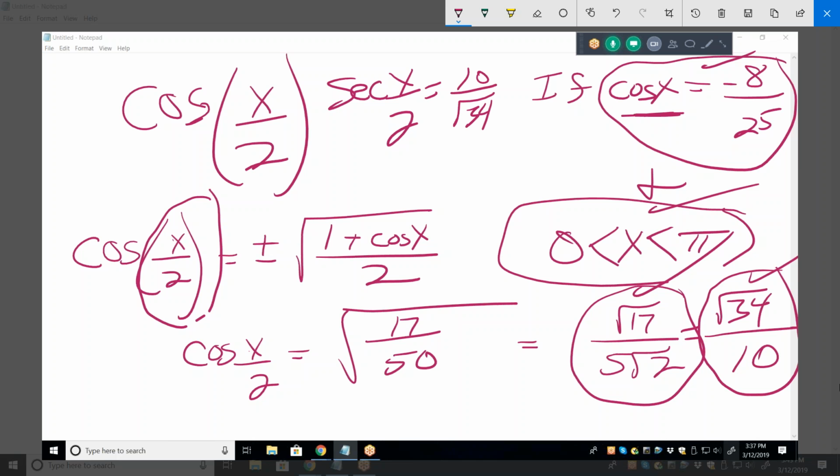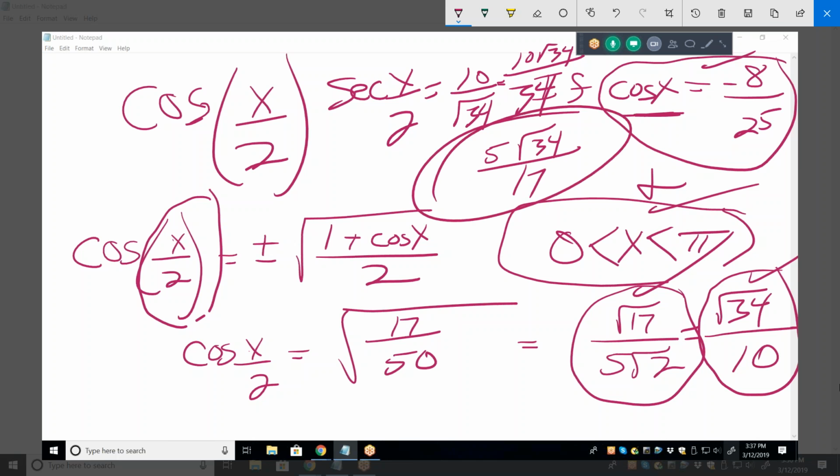So now I get 10 root 34 over 34, and then I get 5 root 34 over 17, and that becomes the answer. But it would have been a lot easier had I not rationalized the cosine in the first place. And so many trig functions are reciprocals of other trig functions that it comes into play a lot, where you rationalize one function, but you've made the reciprocal more difficult because now you have to rationalize it again.